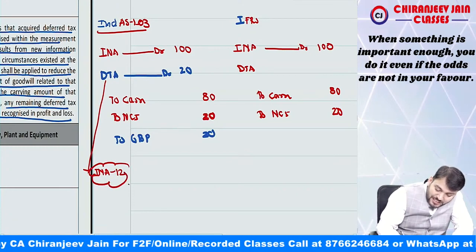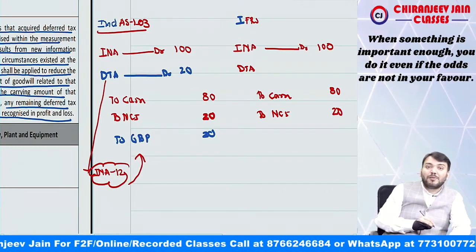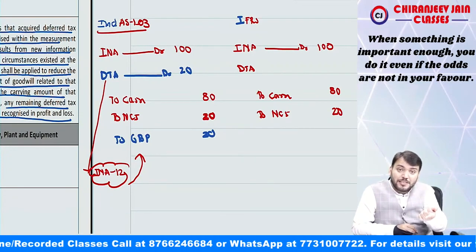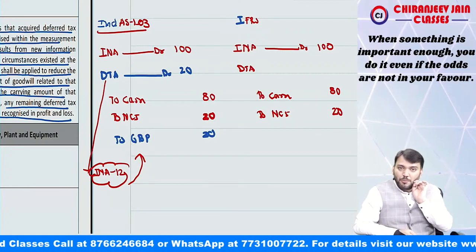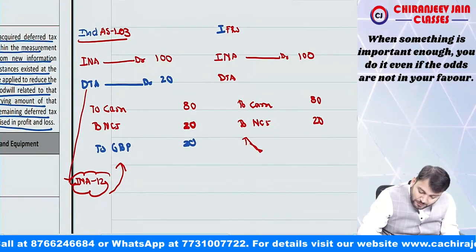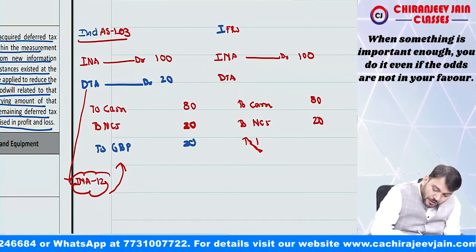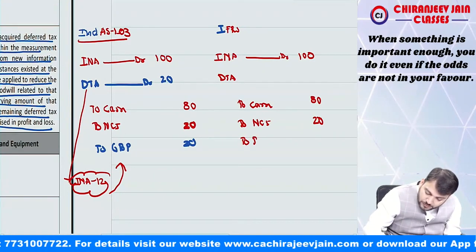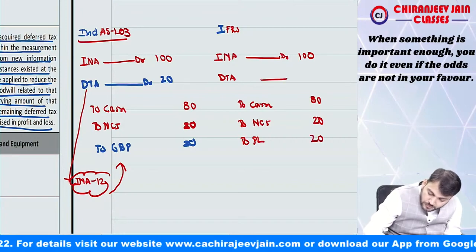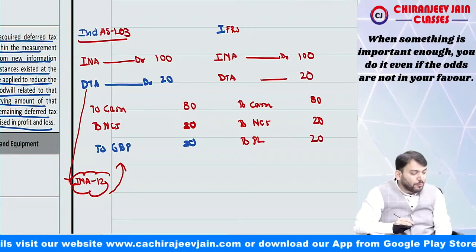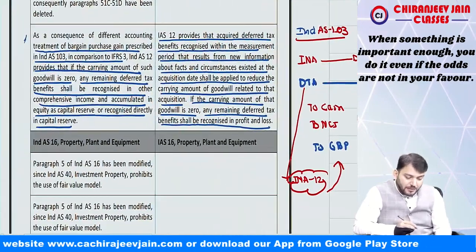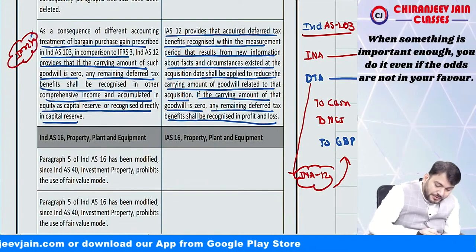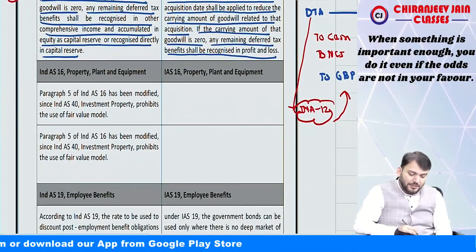So Ind AS 12 has suggested it will be adjusted in gain on bargain purchase, which can be accumulated in capital reserve or directly transferred to capital reserve if the goodwill amount is zero. I hope you have understood what I am saying. But in this case, it will be transferred to PL. Have you understood this point? Yes, sir. Correct. This is important from the examination point of view.